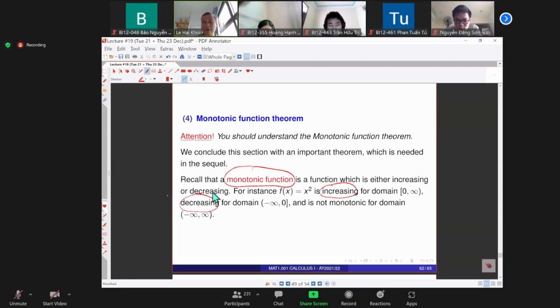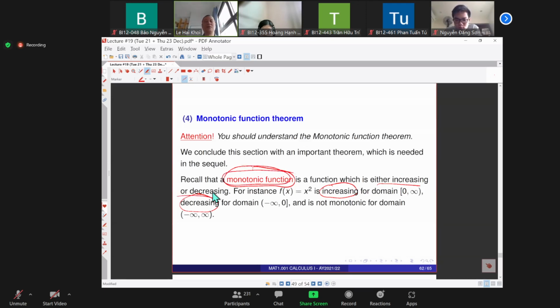For example, positive derivative, you have increasing. Negative derivative, you have decreasing. And both types, either increasing or decreasing, we call monotonic or monotone.